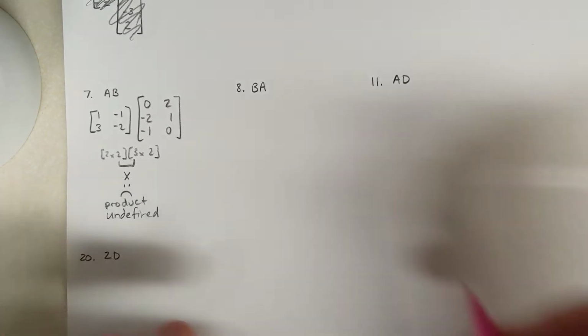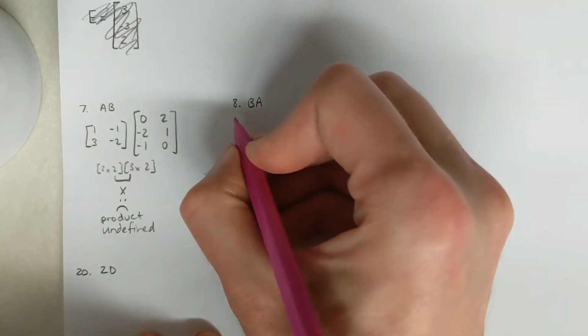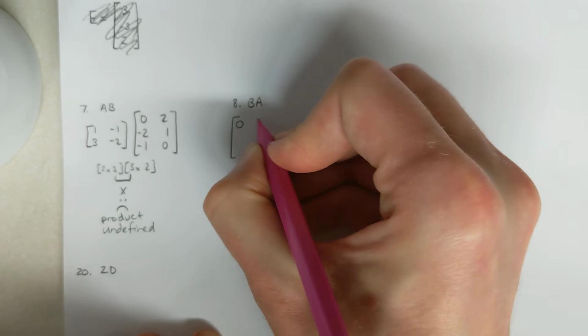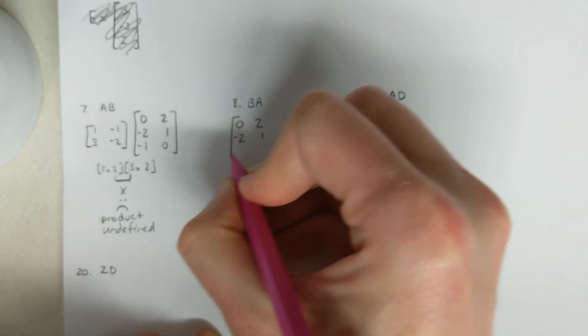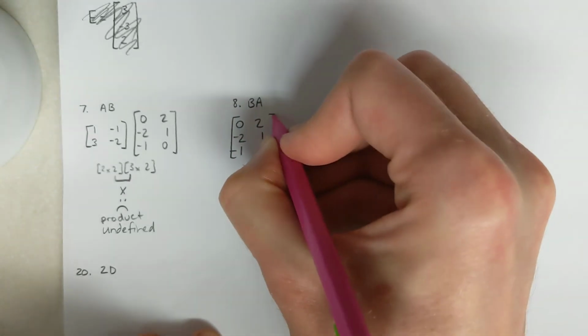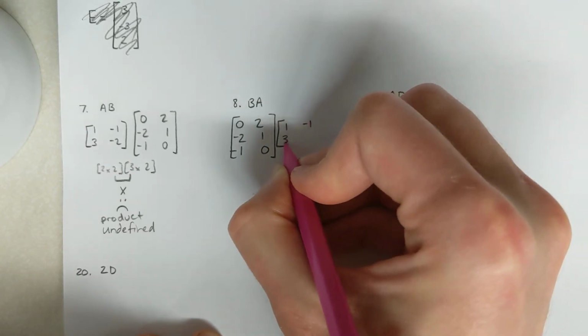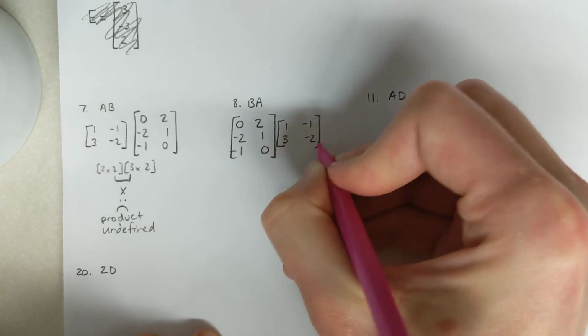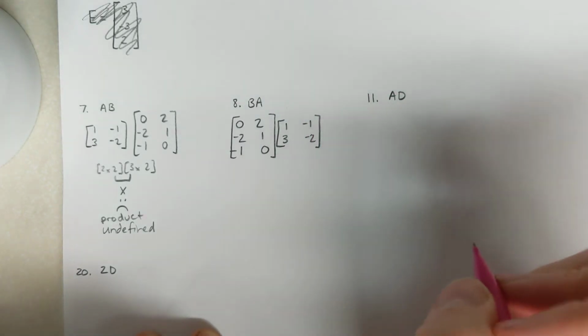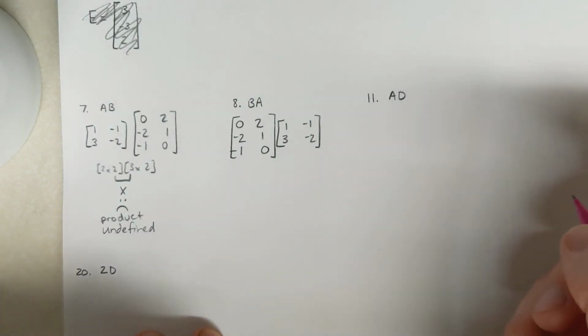Okay. Notice if I did B times A, same matrices, but we're multiplying them in a different order, this one actually works out. And that's because matrix multiplication is not commutative. The order matters.